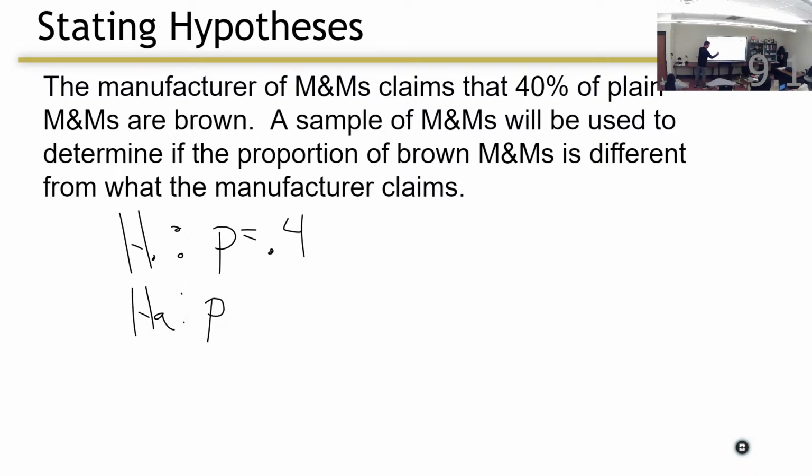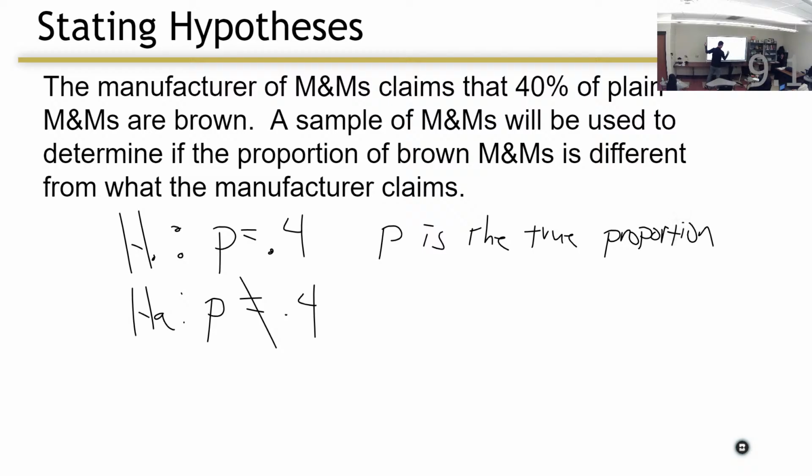Ha: P not equal to 0.4. We think it's either higher than 0.4 or lower than 0.4, or we just don't think it's 0.4. And then we've got to say, P is the true proportion of brown plain M&Ms.